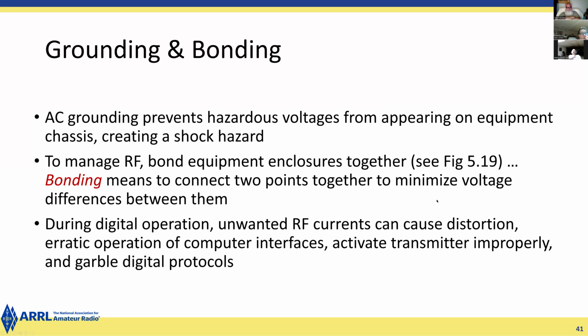That can cause problems with distortion in the transmitter or erratic operation of computer interfaces. You may activate your transmitter improperly. You may not be able to.